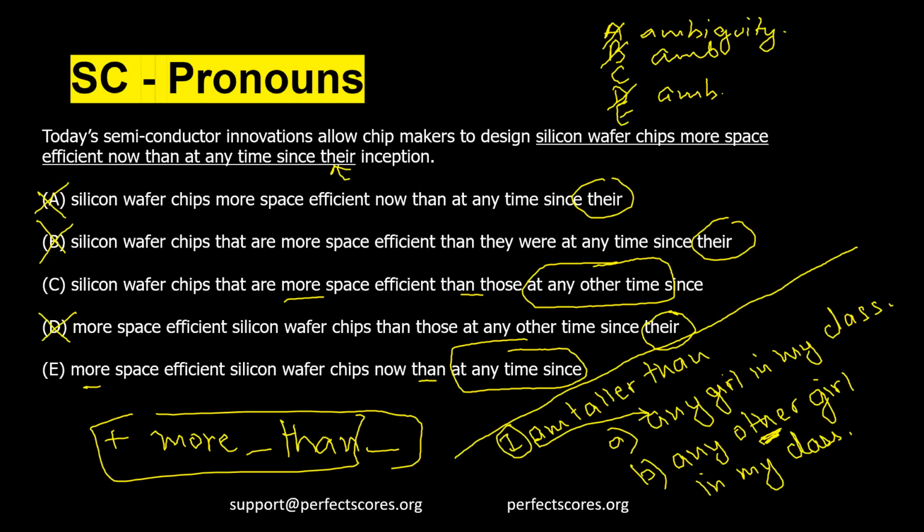That is why you need to eliminate option E as well, because when you say "any time", that includes right now as well. And we are talking about now versus any other time. Here we are using "are", which also means now. So that is why C is the correct answer.